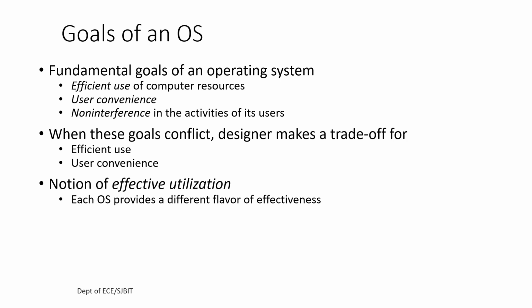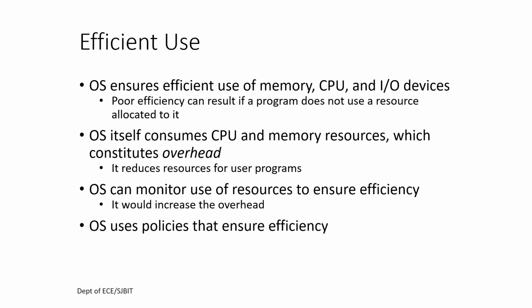Now we are going to talk in detail about the goals of an operating system. It is an important question, so just make a note, it is an important and also a repeated question. First we'll see what is efficient use of an operating system.